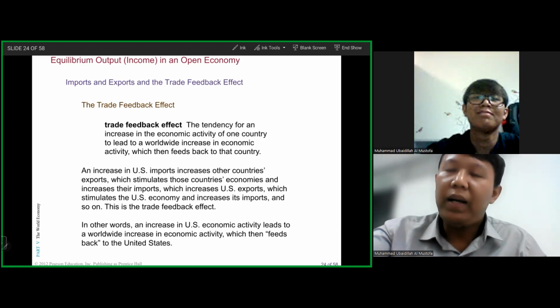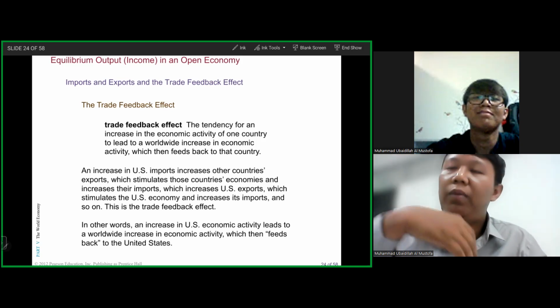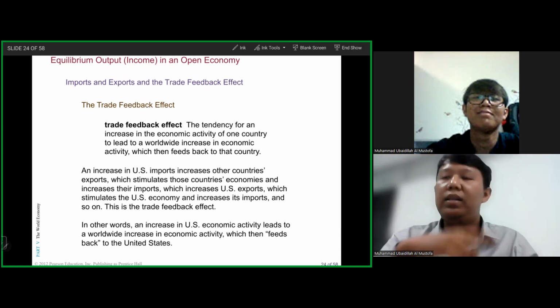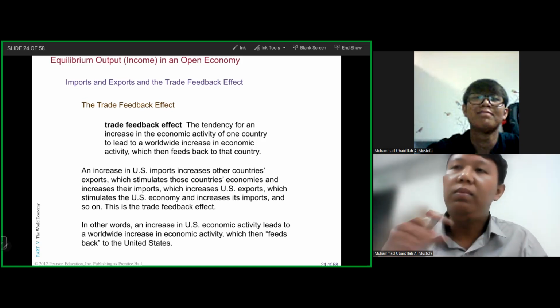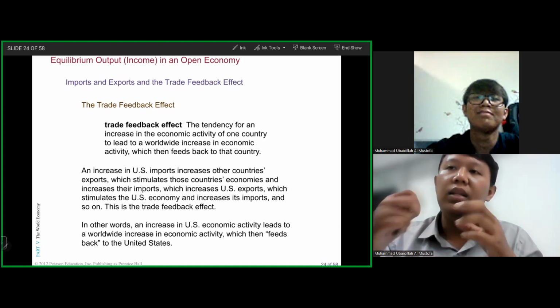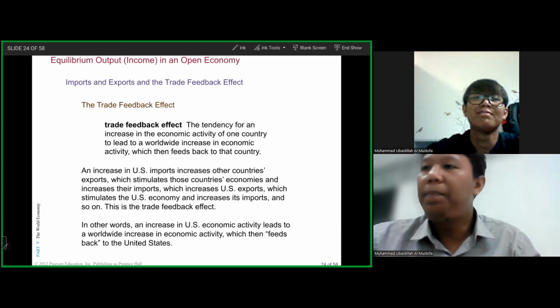And once they prosper, they will also buy back our products, and so on. So there's a kind of cyclical action of trade between this country and others.